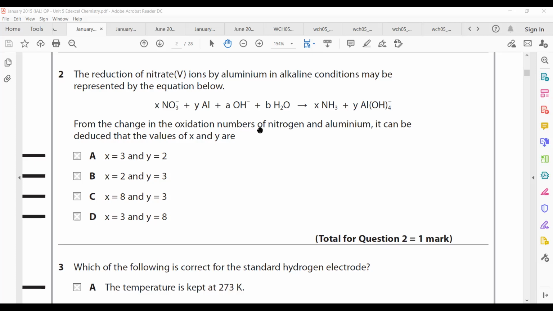From the change in oxidation number of nitrogen and aluminium, it can be deduced that the values of x and y. What could be the answer for this? You can take your time to calculate.